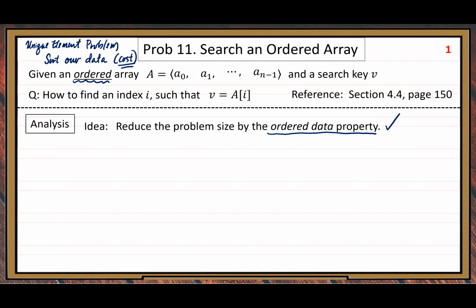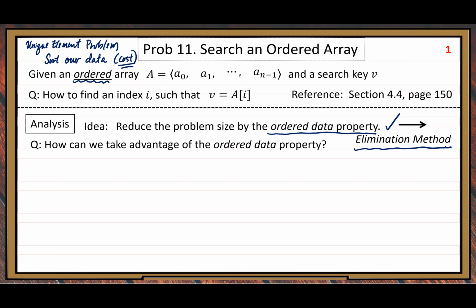How to use this condition? We want to use the elimination method. In this class, the most frequently used method is this elimination method.